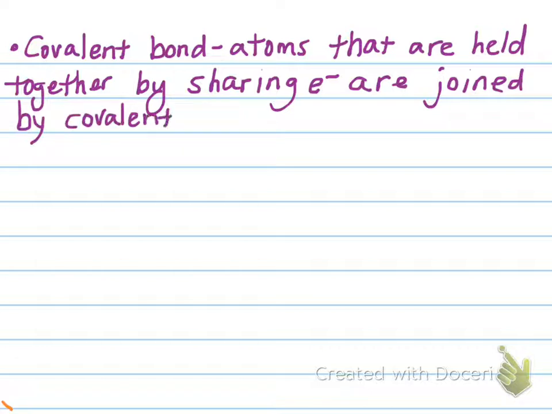So, again, the difference being ionic compounds, there's a transfer of electrons. In covalent compounds with covalent bonds, electrons are going to be shared between atoms.